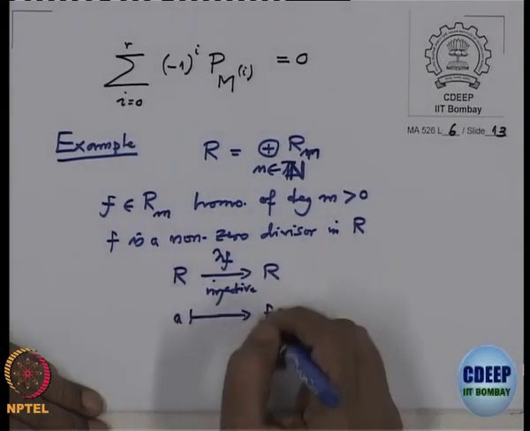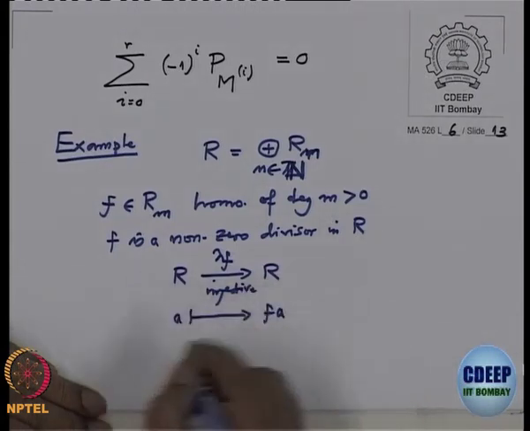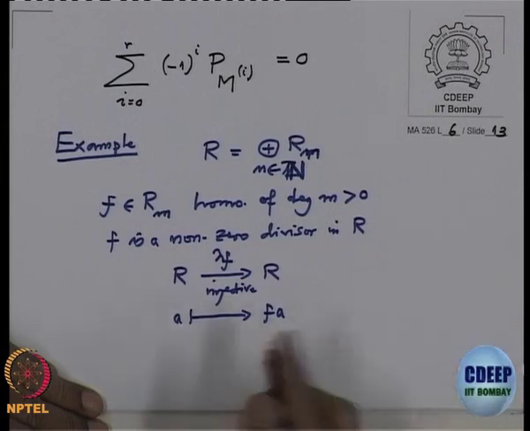Non-zero divisor means this map is injective, but this is not a graded homomorphism. So if I want to get vector spaces out of this, I should put the correct indices.